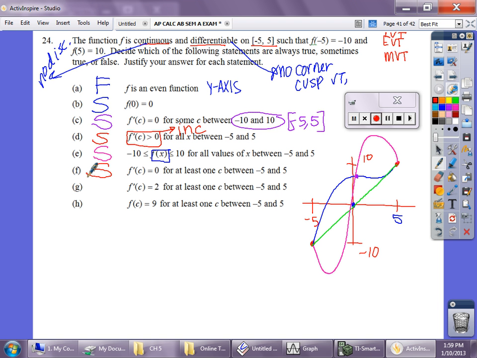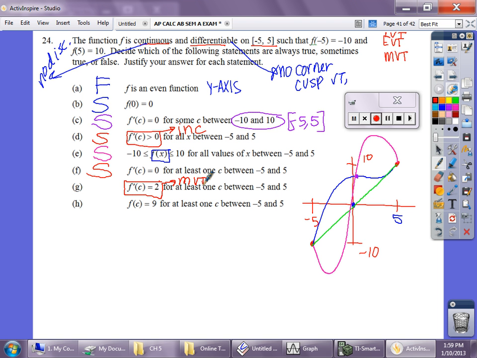Letter G. F prime of C is equal to 2. So 2 is an interesting number. Now 0 was easy. With 2, I have a feeling they're probably using MVT because they're asking me to guarantee a slope value, and it seems like a weird random number. So MVT says if you're continuous on the closed interval and differentiable in the open, then I can take the endpoint slopes.